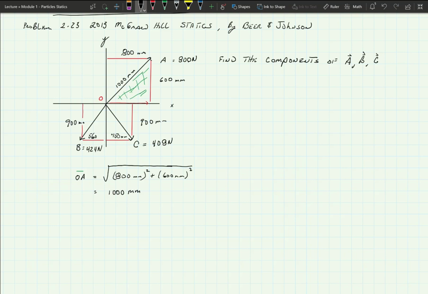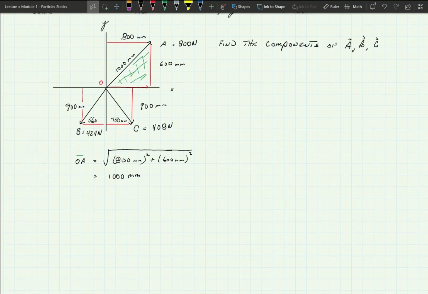Okay, well, let's do OB next. All right, and that's going to be the 900 millimeters squared plus the 560 millimeters squared.